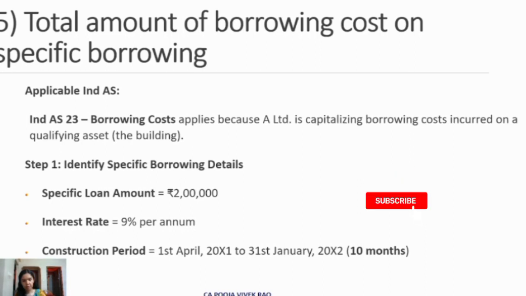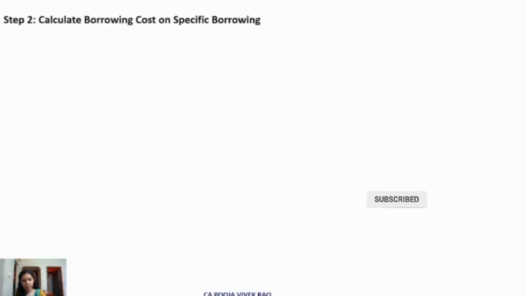So the next step will be to calculate borrowing cost on specific borrowing. The formula for this is borrowing cost is equal to loan amount into interest rate into construction period in months divided by 12.